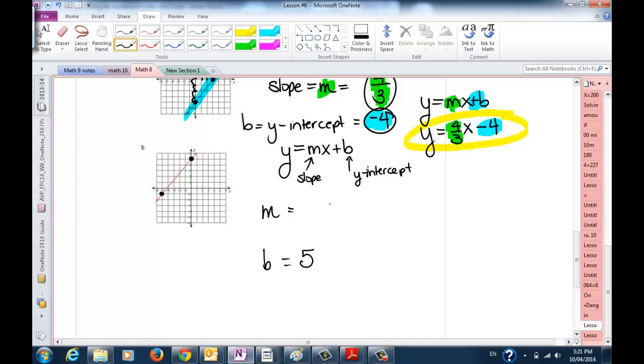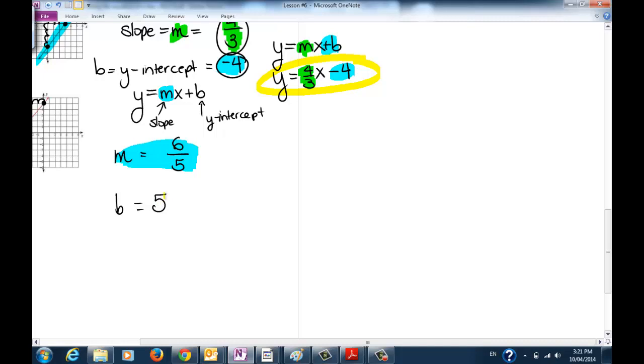Okay, remember, slope is rise over run. My rise is 1, 2, 3, 4, 5, 6. So my rise is 6. My run is 1, 2, 3, 4, 5. So m is 6 over 5, so I'm going to substitute that in. My b is 5.